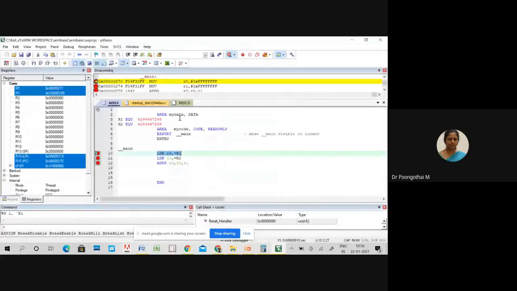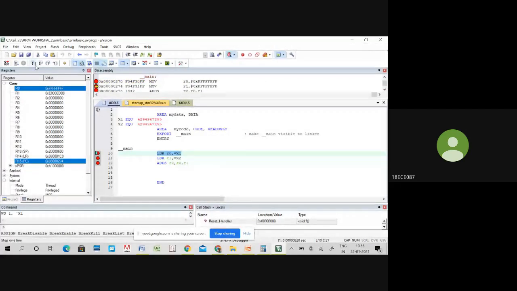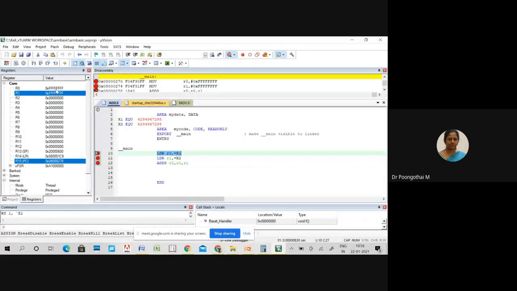So in this data section, we have to assign decimal numbers, not hexadecimal numbers. And this is the largest 32-bit number value, that is 8FFF, okay? So I'm going to run the code now. First your R0 is loaded with your first input, and next R1 is loaded with the second input.